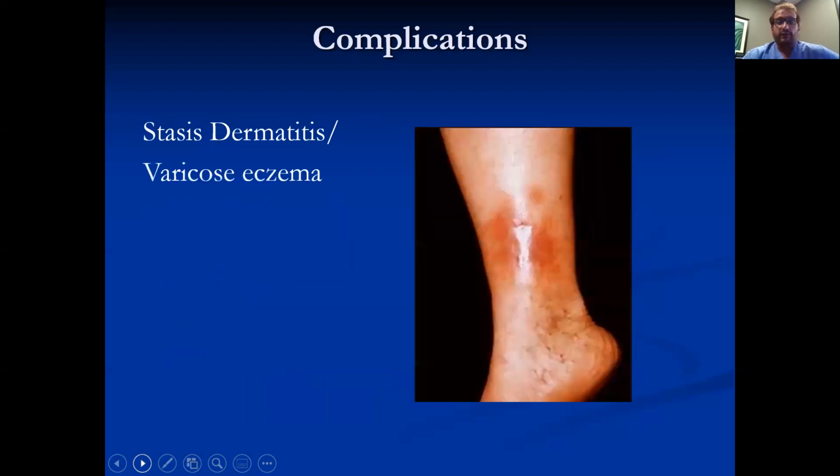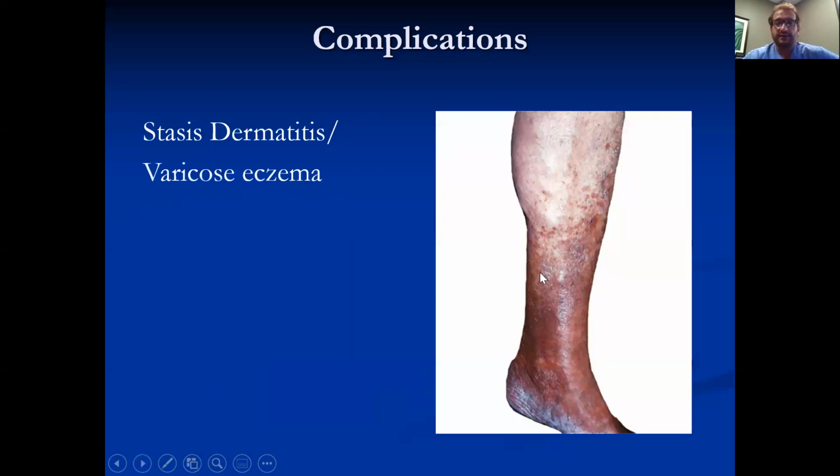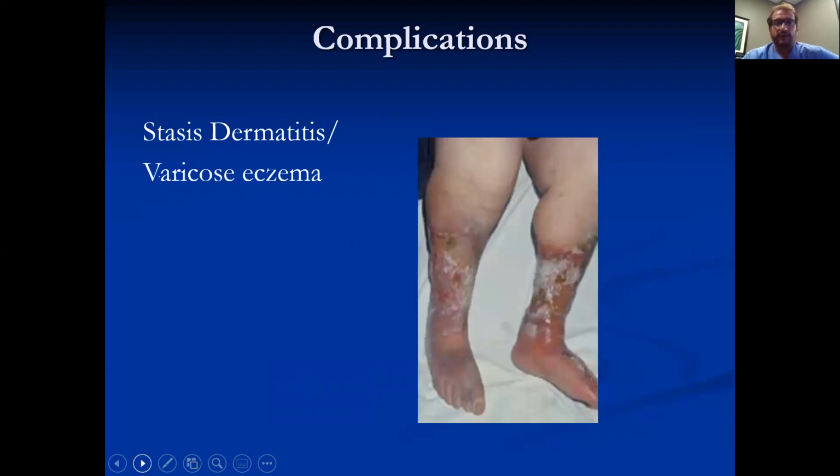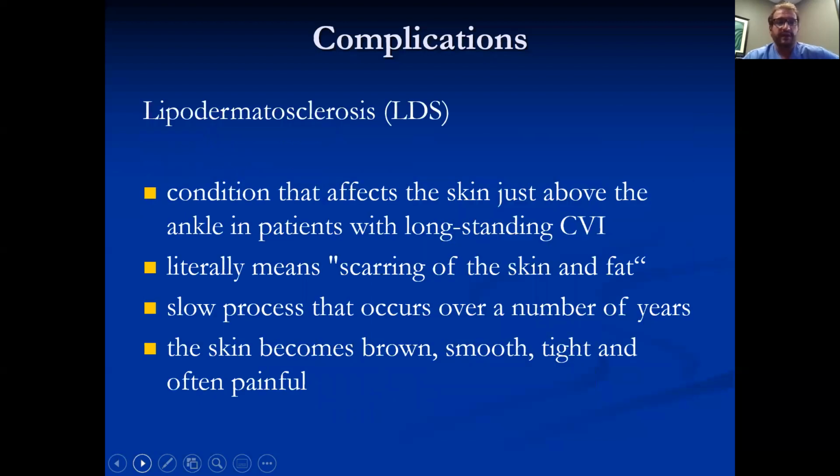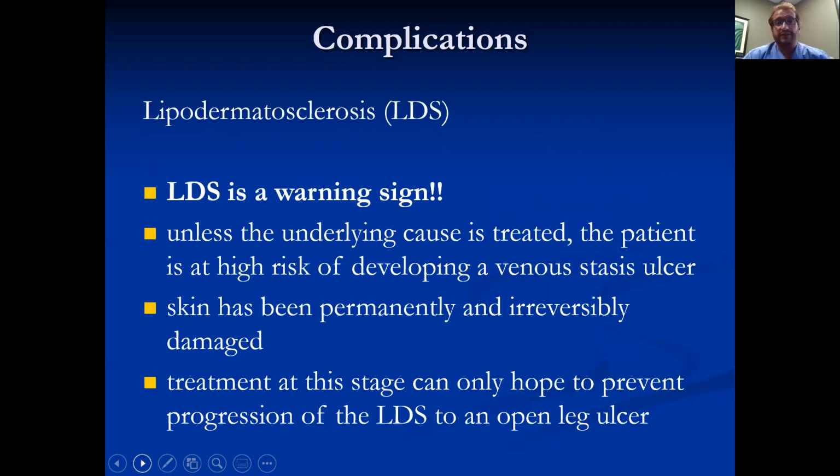You can get red, wet, scaly skin from the inflammatory process that's going on in these veins. So when you have unexplained venous dermatitis, here we have a combination of dermatitis and the lipodermatosclerosis. You can see the caliber change here, the skin thickening. Here we have more of that scaly appearance. As we get into lipodermatosclerosis, this is a warning sign.